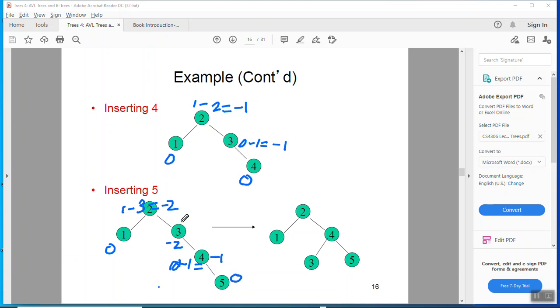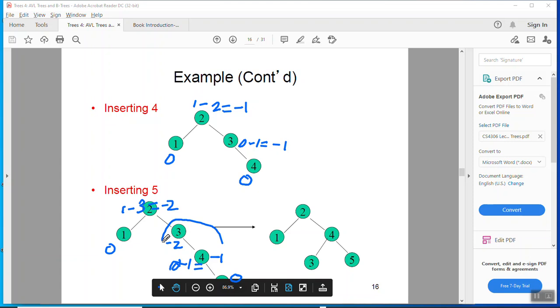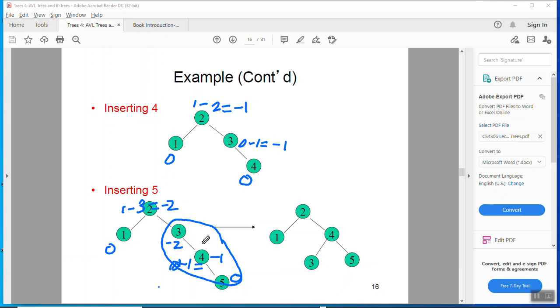What is good is that whenever we find an imbalance or illegal balance factor, we don't need to go up; we just consider only these three adjacent nodes to redo the balance factor adjustment. So how do we do it?